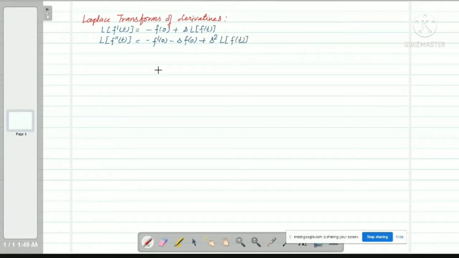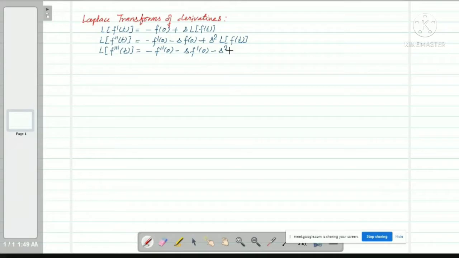Now if I ask to find the Laplace transform of f triple dash of t, this is the third order derivative of the function. So you will have minus f double dash 0 minus s f dash of 0 minus s square f of 0 and plus s cube Laplace transform of the function f of t.